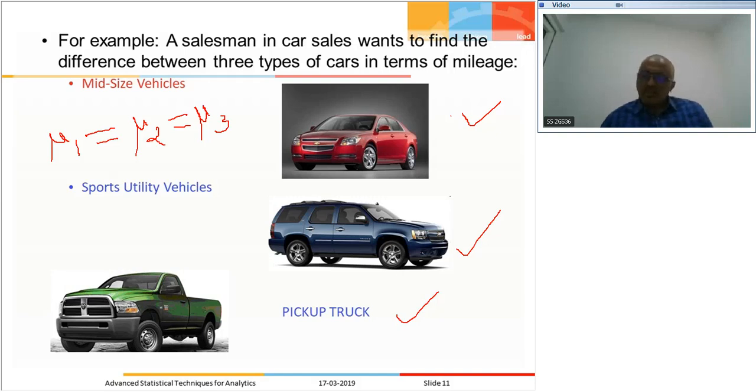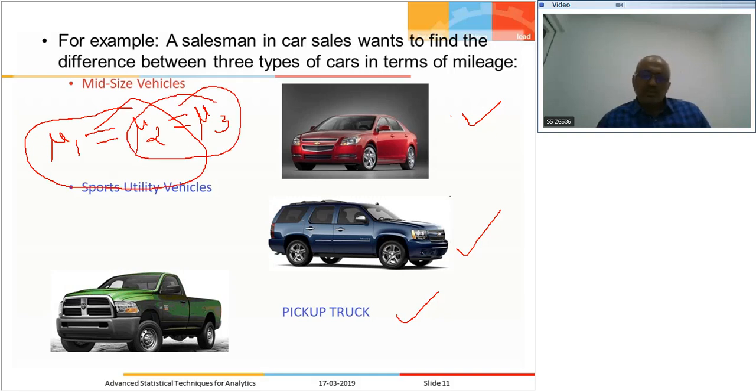Yeah, we worked only with the two-means problem. But one idea I am getting is, I know the two-means problem, right? I'll go with this. First I'll take these two, and that is a two-means problem. Mu1 equal to mu2 I validate, mu2 equal to mu3 I validate.